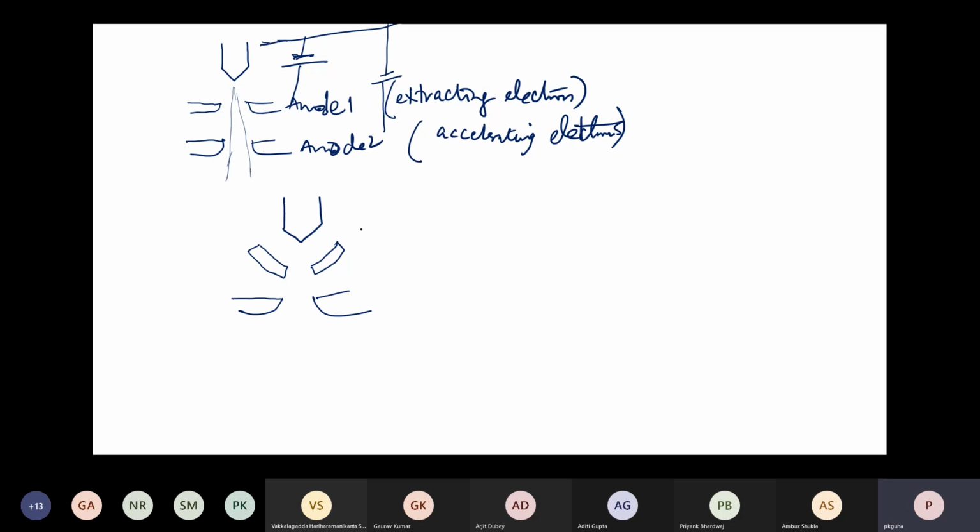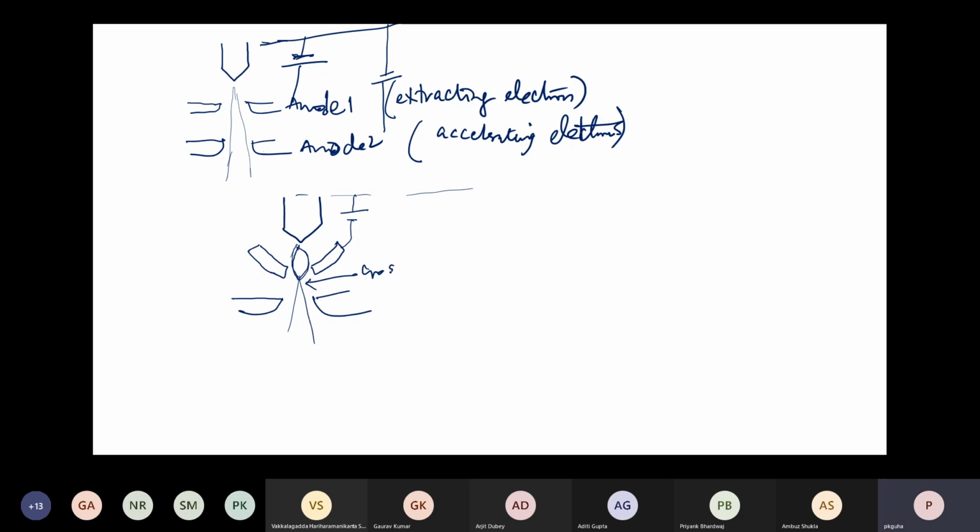What it does is it focuses those electrons coming out from the tip. You give an intentionally negative bias so that it pushes the electrons inward, and this is basically a crossover point.